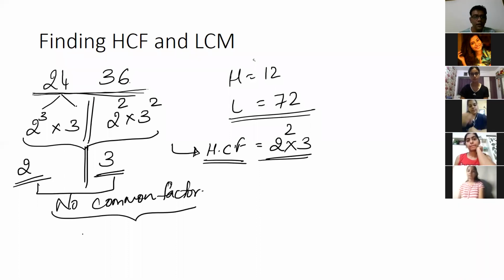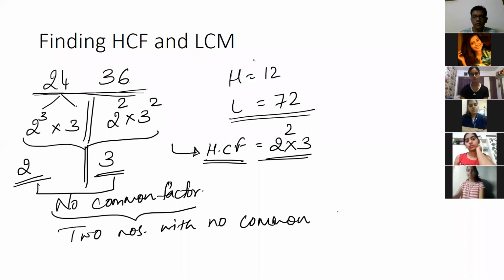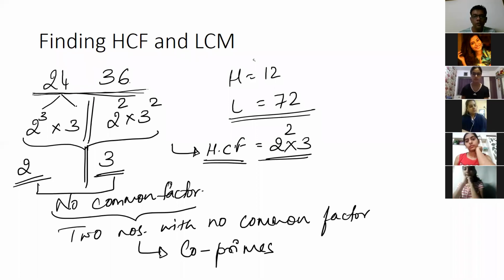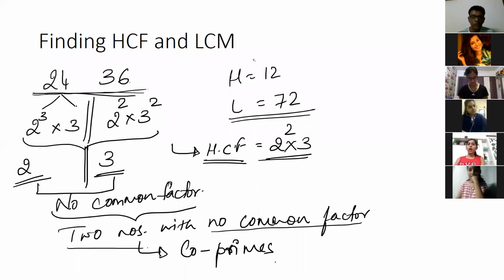And please remember that two numbers with no common factor are always called co-primes. The word co tells you that these have to be only two numbers. It cannot be more than two.